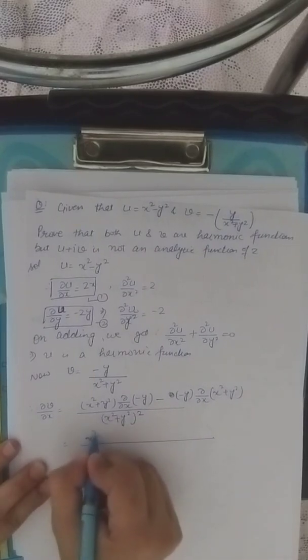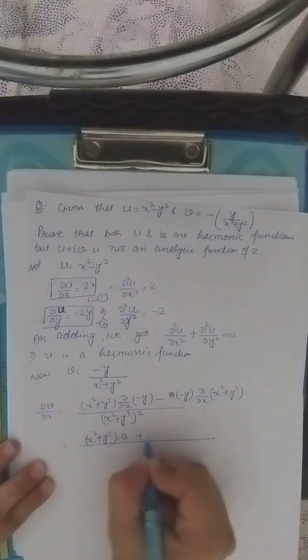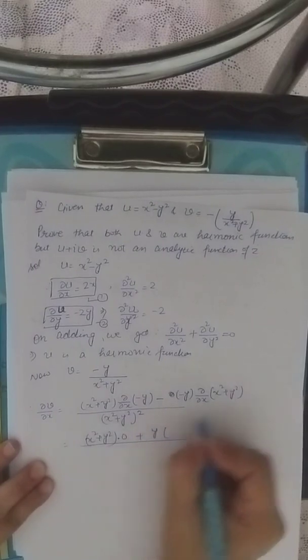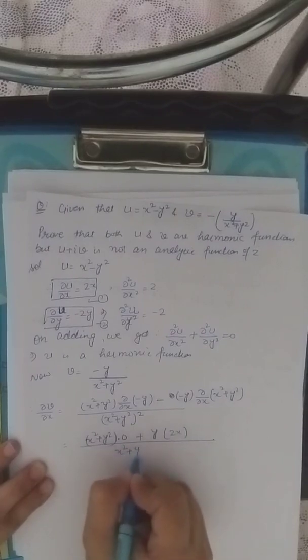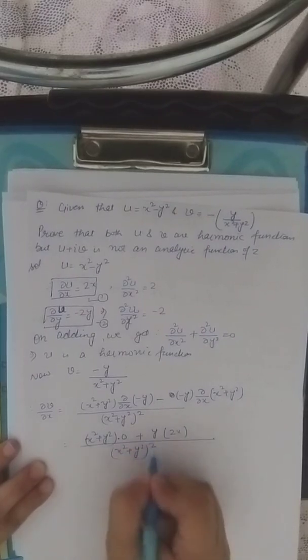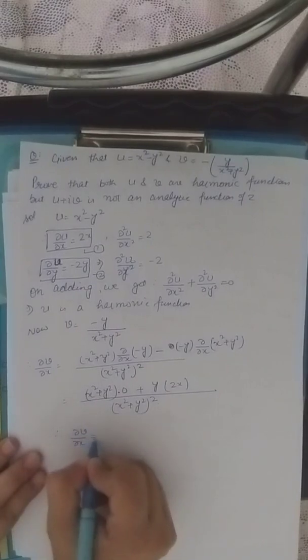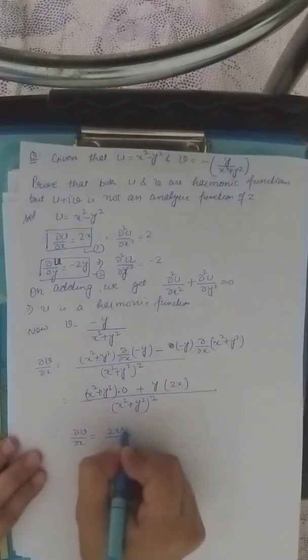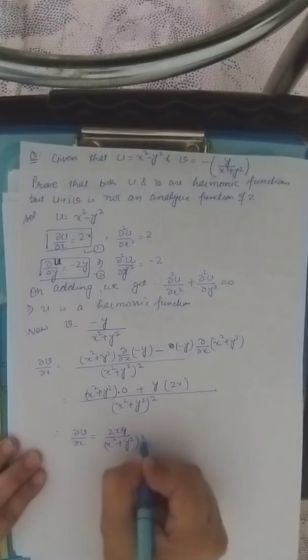From here we get x square plus y square into 0 minus minus plus its derivative 2x divided by x square plus y square whole square, and therefore ∂v/∂x is 2xy divided by x square plus y square whole square.